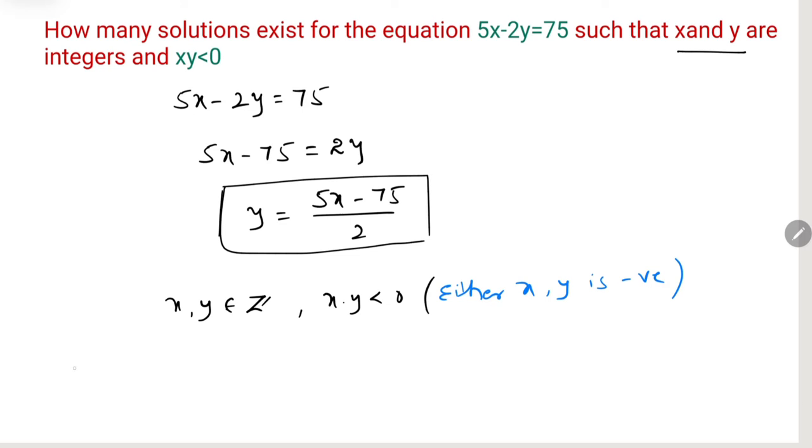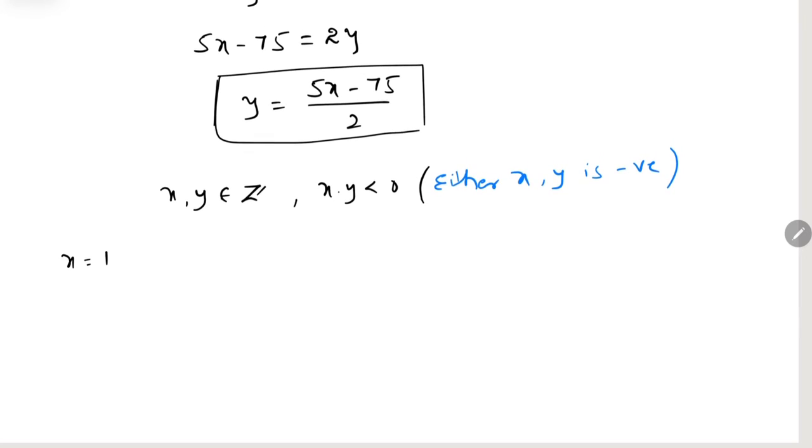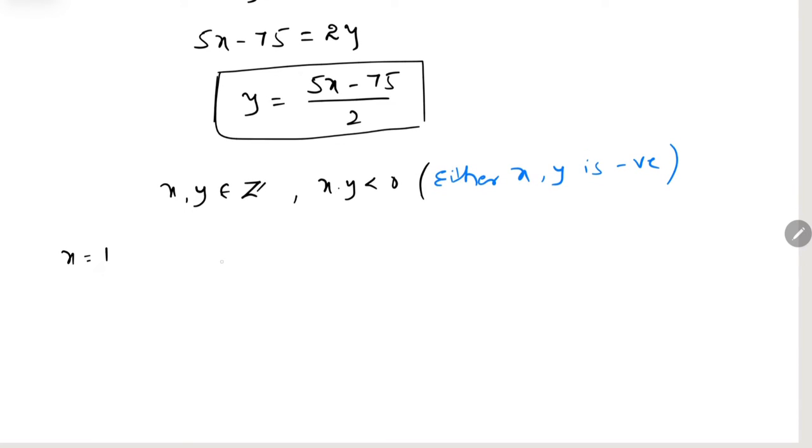Now, if I take x value 1, therefore y is equal to 5 into x, so these are the multiples of 5. So 5 minus 75 by 2. Therefore we get minus 70 by 2, answer minus 35.